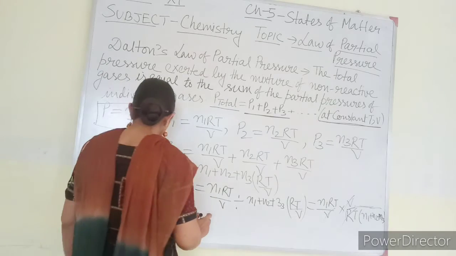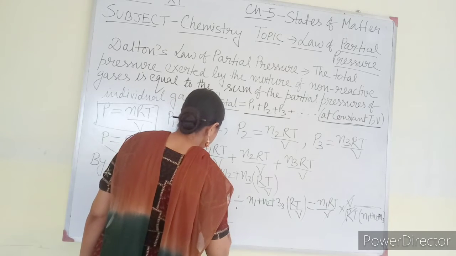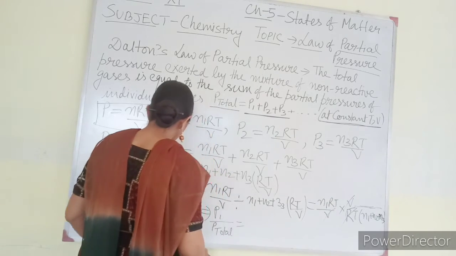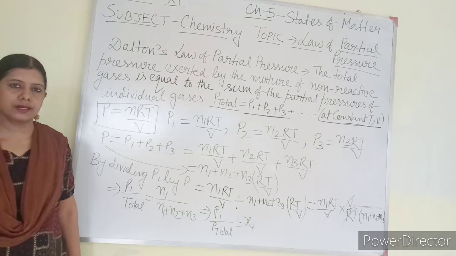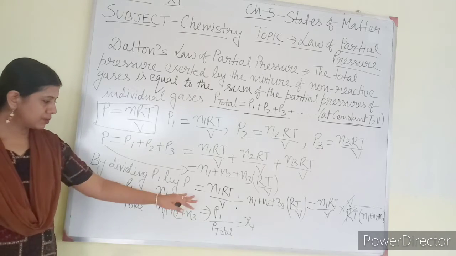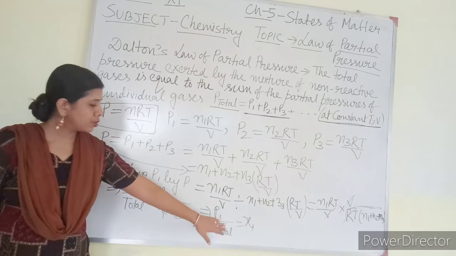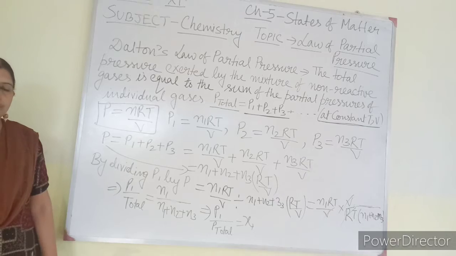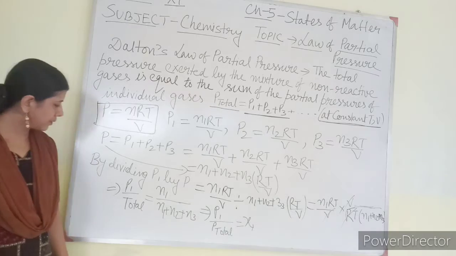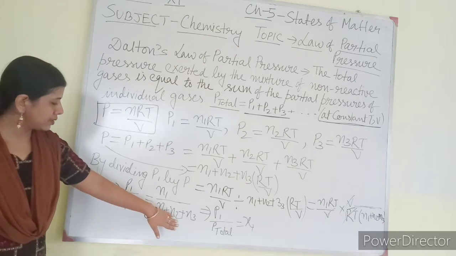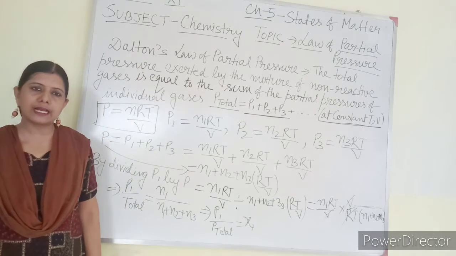That is denoted by Xi, X1, that means mole fraction. It is the mole fraction of gas A. So P1 by P total equal to the mole fraction of gas A. Its mole fraction is N1 by N1 plus N2 plus N3, denoted by X1.